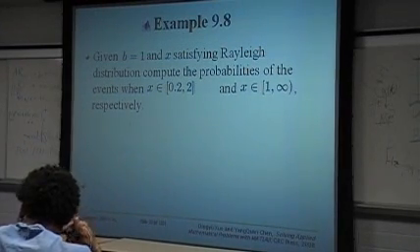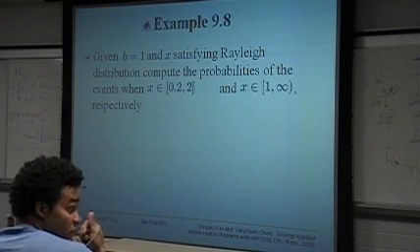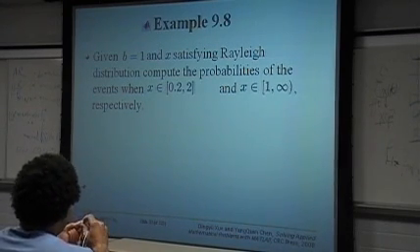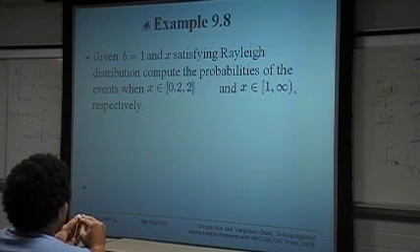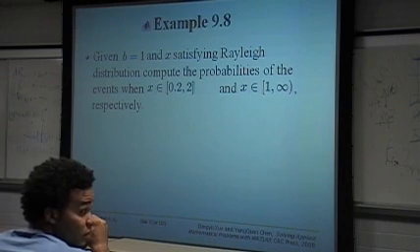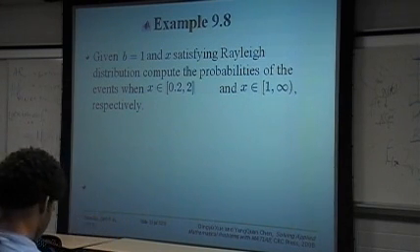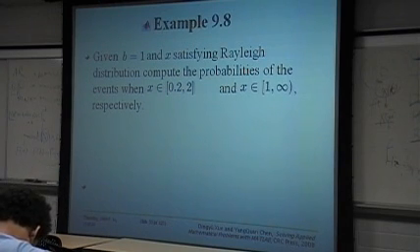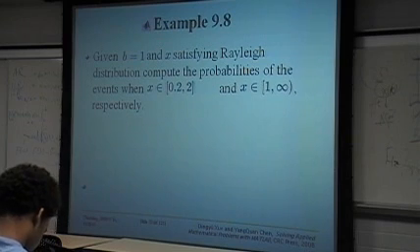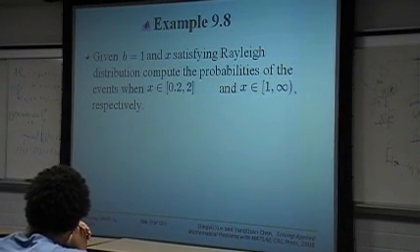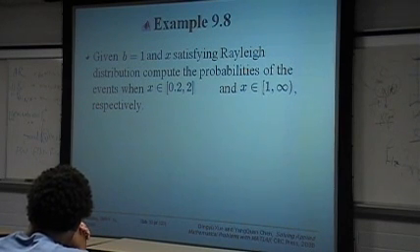Suppose this is the PDF of the Rayleigh distribution. If we want to find the probability where x falls in the interval from 0.2 to 2, what we are trying to get is the area. So this is the interpretation of the original problem.